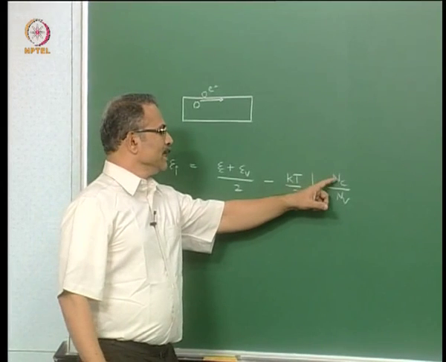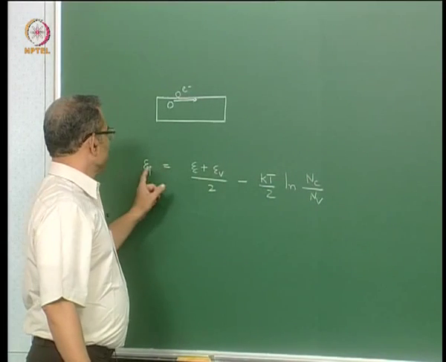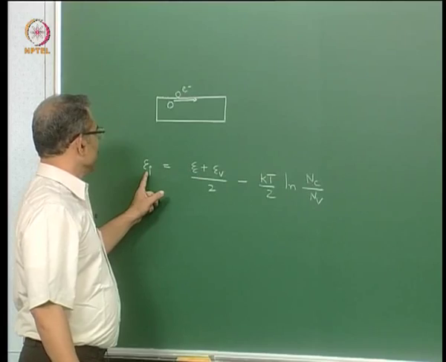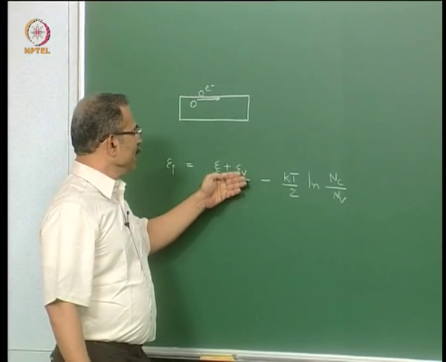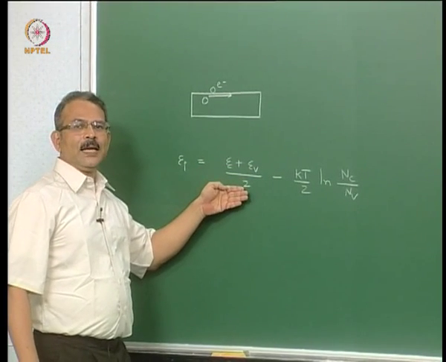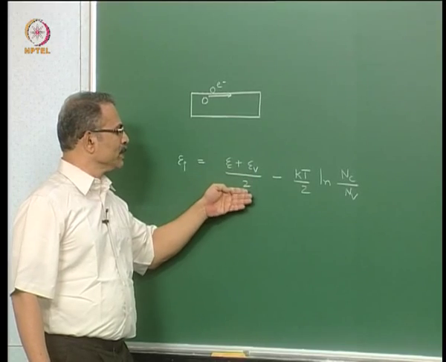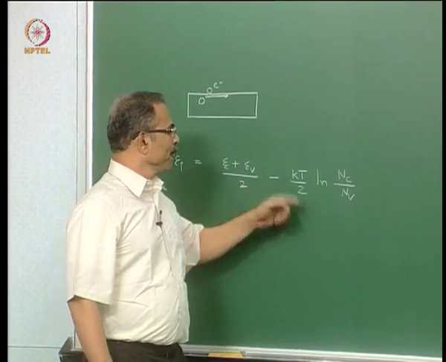For silicon, since Nc is more than Nv, it means the Fermi level in intrinsic semiconductor is a little below the middle of the energy gap. EC plus EV by 2 is the middle of the energy gap.